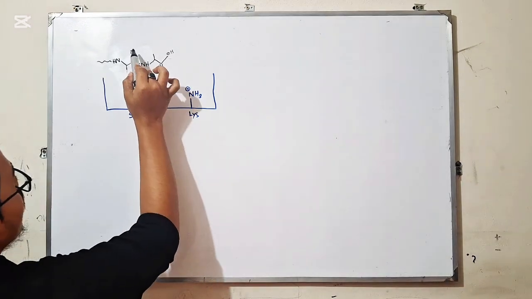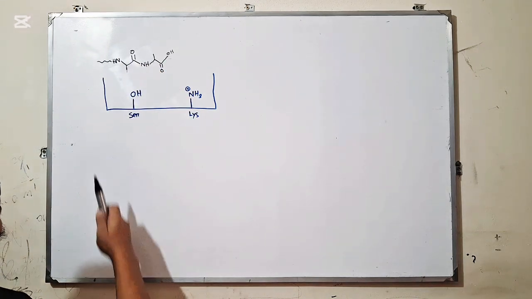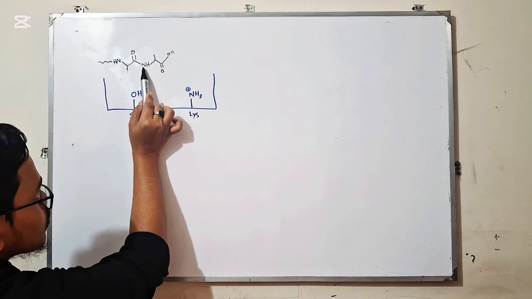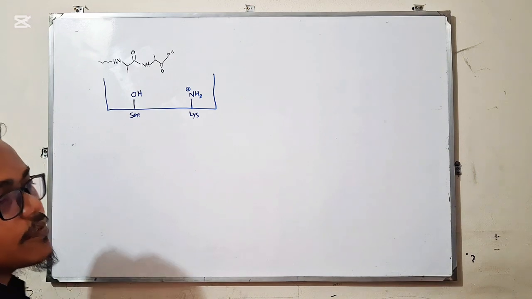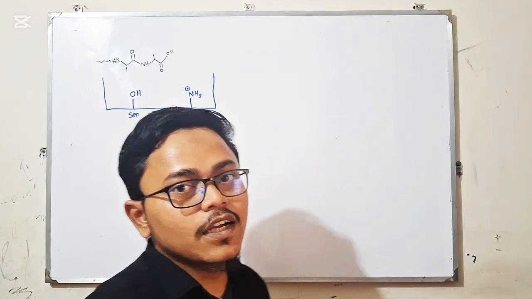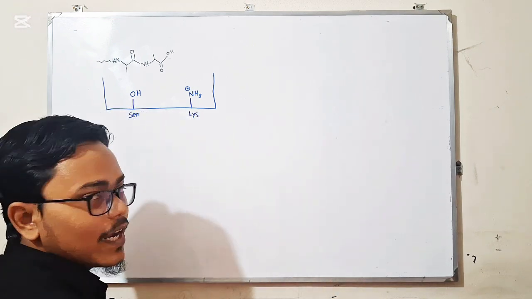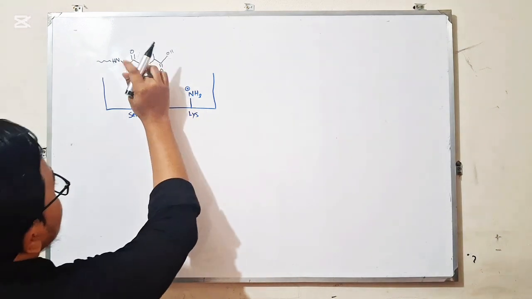Basically, oxygen is an electronegative atom, we know about it, and nitrogen is also an electronegative atom. So this carbon will be electron deficient due to the inductive effect. This is basic organic chemistry.